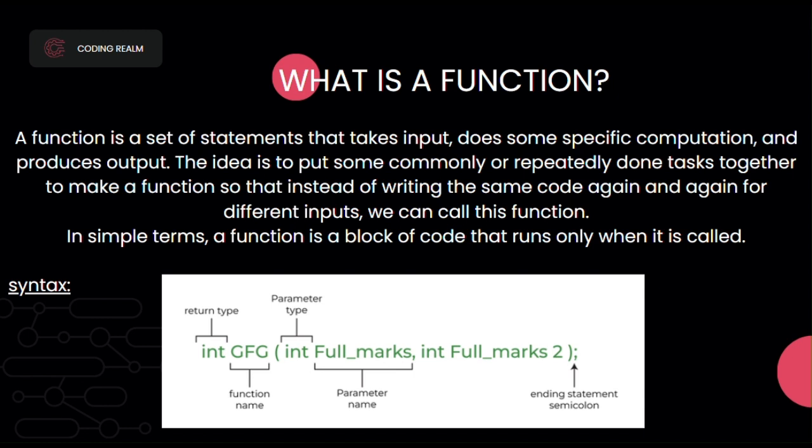Like here we have int fullmarks, int is an integer, it's the parameter type, and then the parameter name, and we have a second parameter type and parameter name. And finally, the statement is ended by a semicolon.